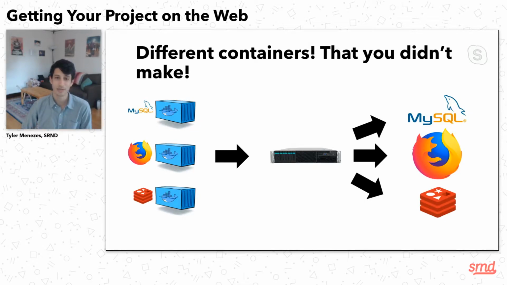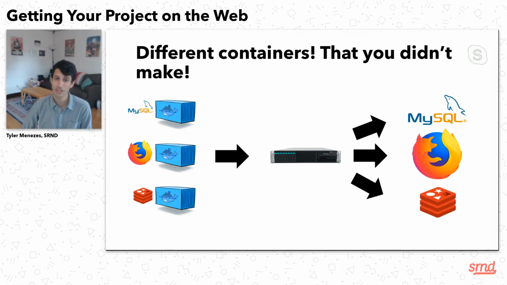And you can also run different containers that you didn't make. So for example, we could have MySQL, which is a database. We could have Redis, which is kind of a database but often used as a cache. And we can have Firefox. All 3 of those can be running in their own containers on the same server. But the really nice thing about that is, if you've ever tried to install MySQL and a bunch of other dependencies on a server, it can take you a while.